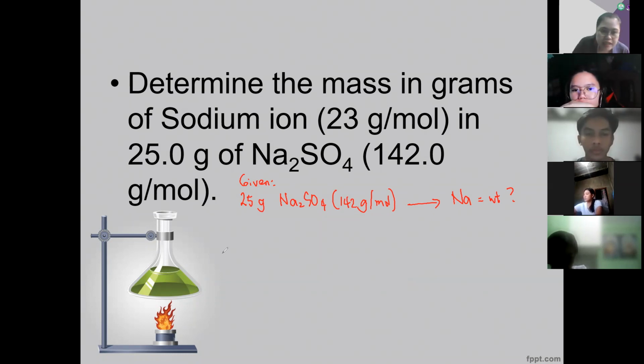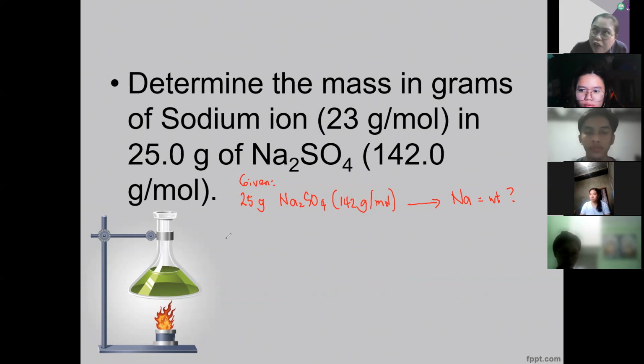So ako, ang ginagawa ko here is like this. This is actually a problem about stoichiometry. Actually, we will have more of this sa next lesson natin, pero pauna pa lang ito. So pwede nyo rin gawin, sa chemistry pwede din natin ito gawin na madedetermine natin yung amount ng isang element if it is in a compound. So let's start. Ang ginagawa ko here, ganito.